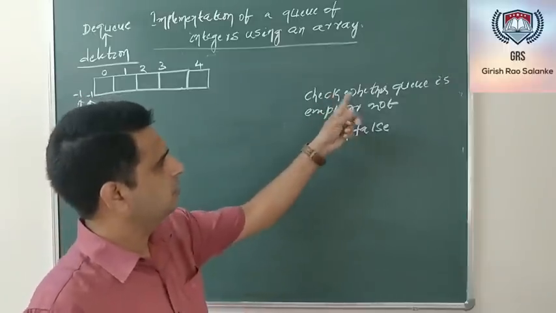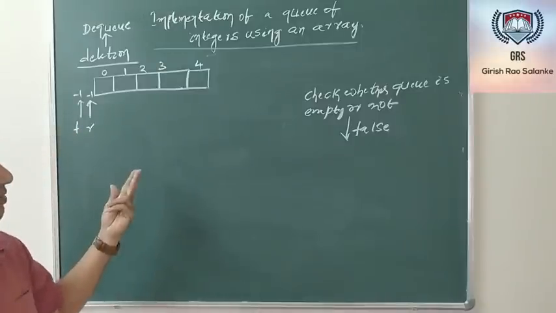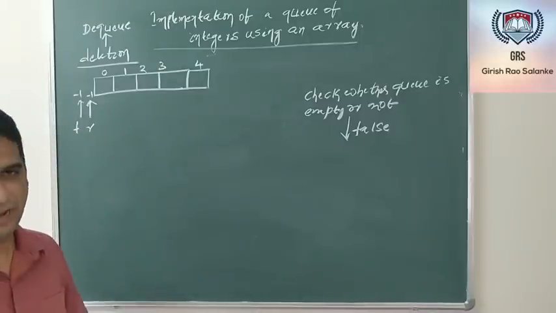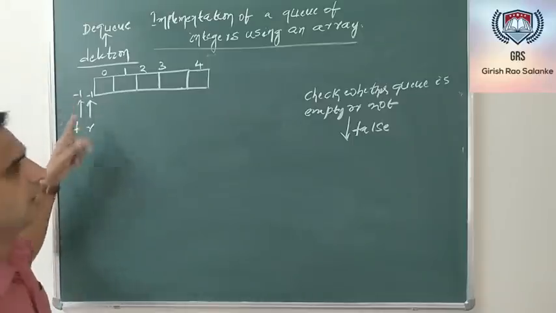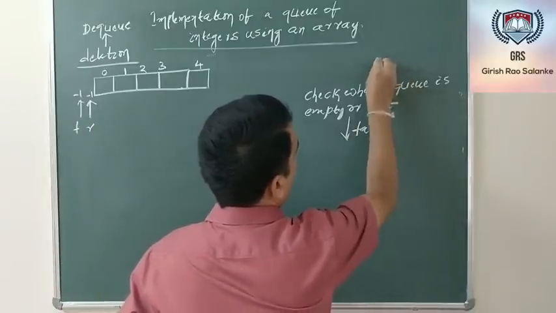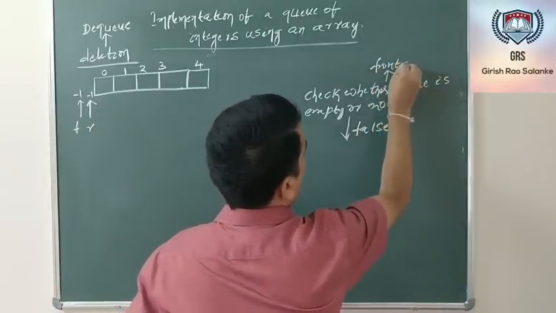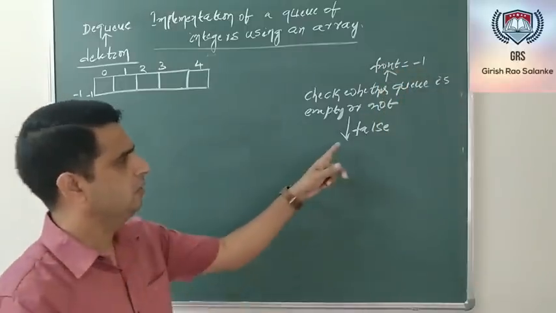How to check whether queue is empty or not? As we know that deletion has to be performed using front end, check for front end to be minus 1. If front is having a value of minus 1, then it implies that queue is empty.